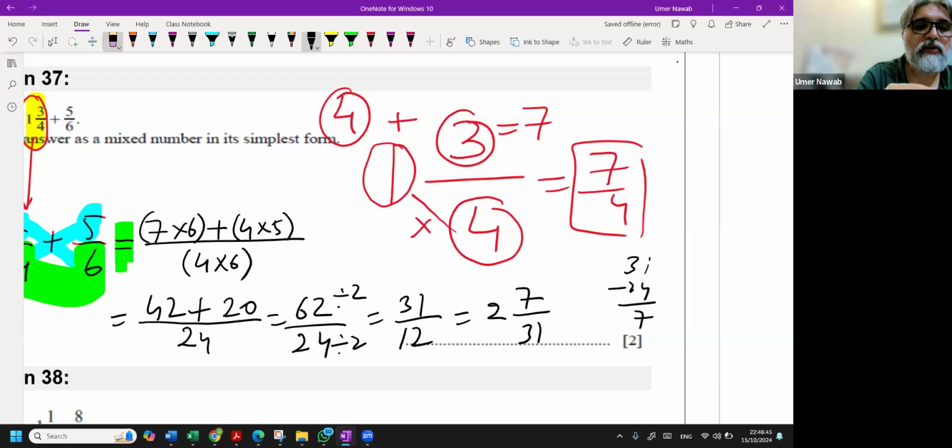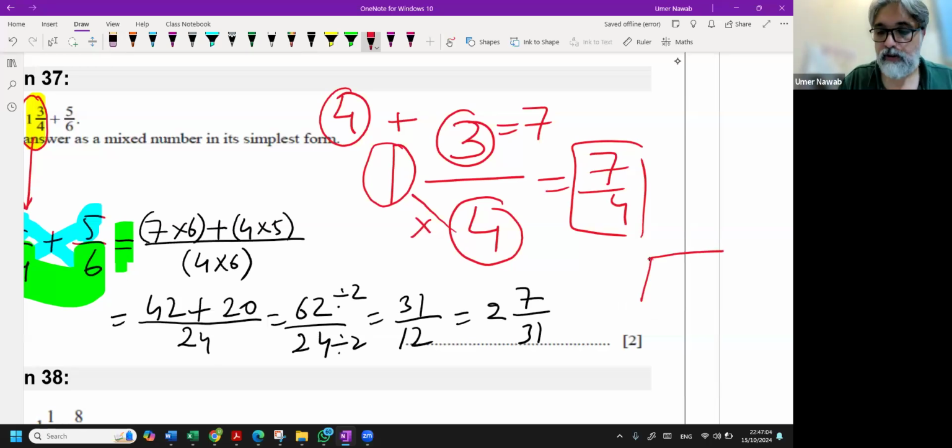And I can also do long division to show how I got this, but why not? I can explain you from the calculator. Okay, maybe later on. This is better that here we are solving all questions without calculator. So 31 and 12. 12 times 2 is 24.